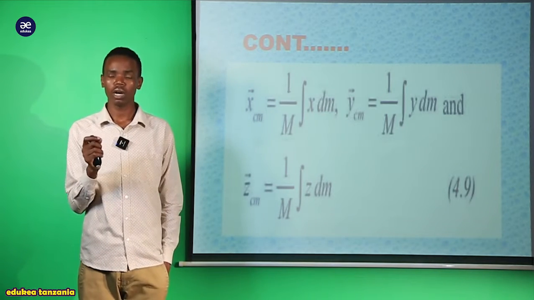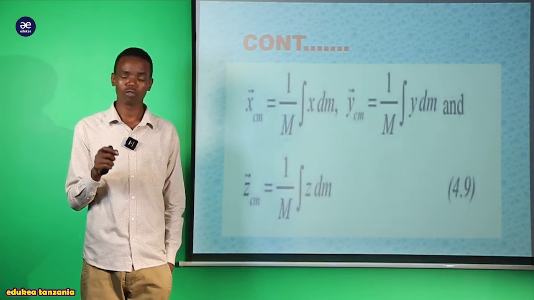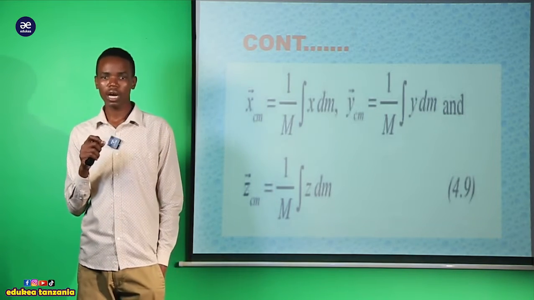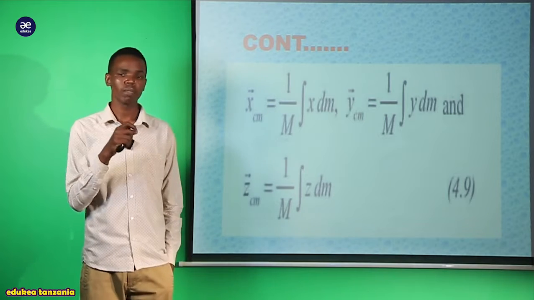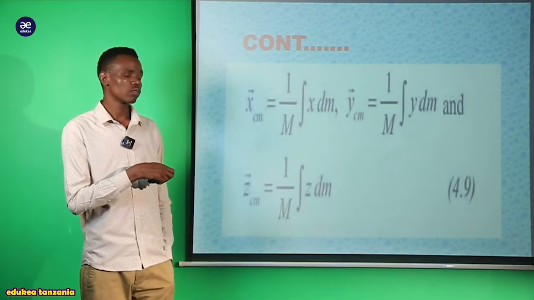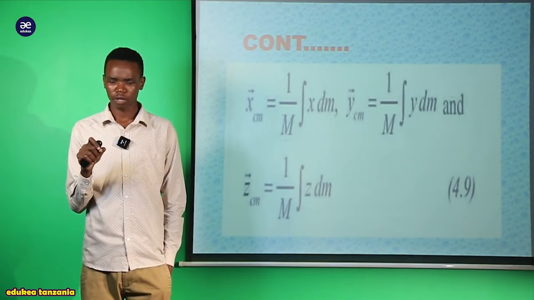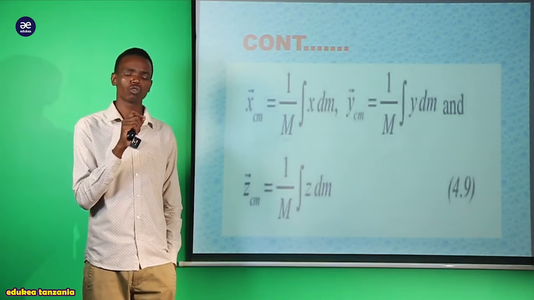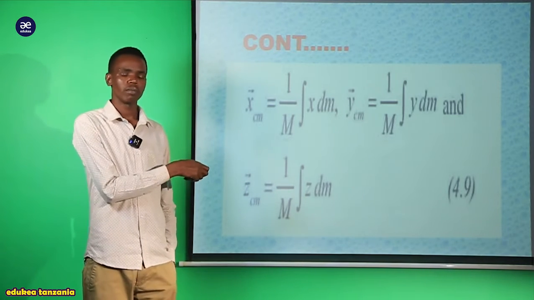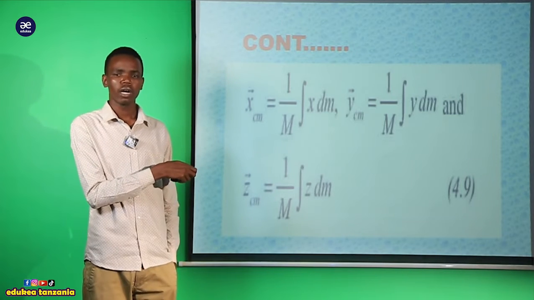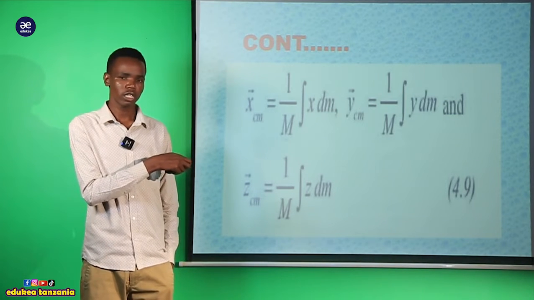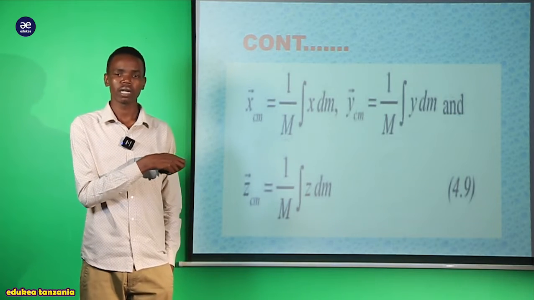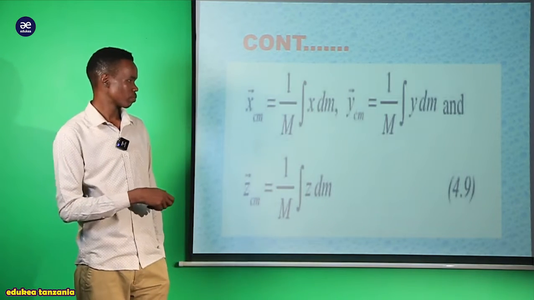Now we are supposed to factor it out of the integration, and our equation should be: the center of mass along the x coordinate must be equal to 1 over m, integration over the rigid body of x multiplied by the derivative of m.